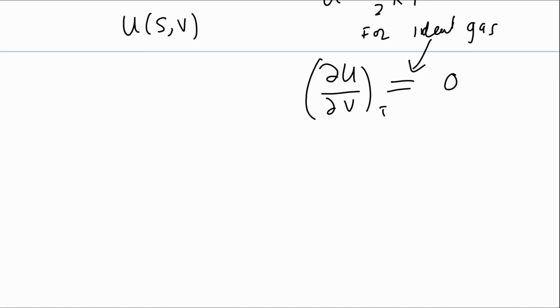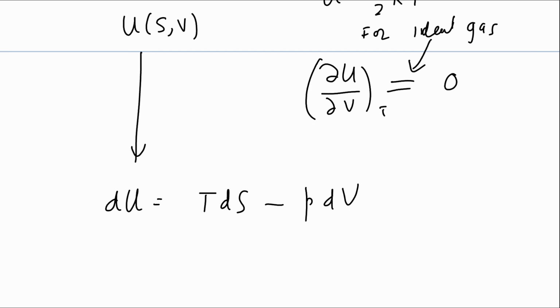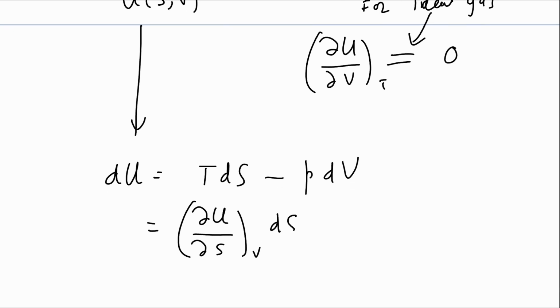So I know I have my U as a function of S and V. I know that my dU is T dS minus P dV, which is equal to partial U, partial S at constant V, dS, plus partial U, partial V, constant S, dV.